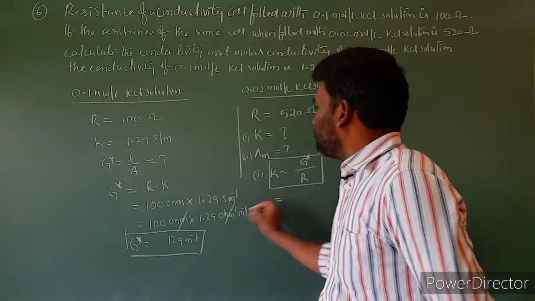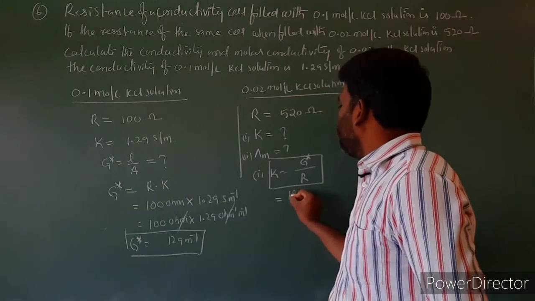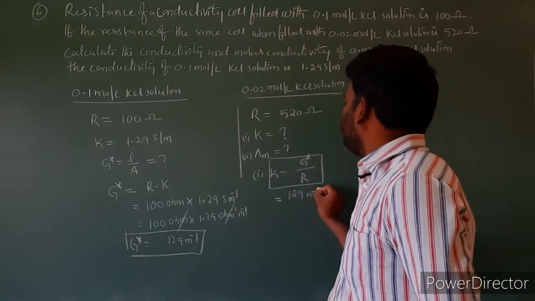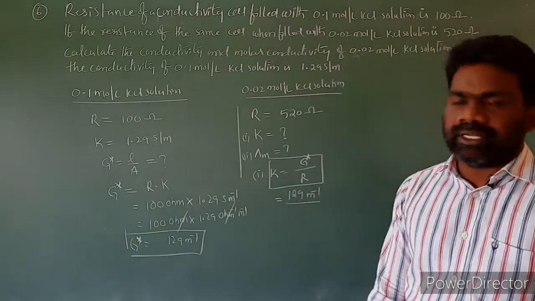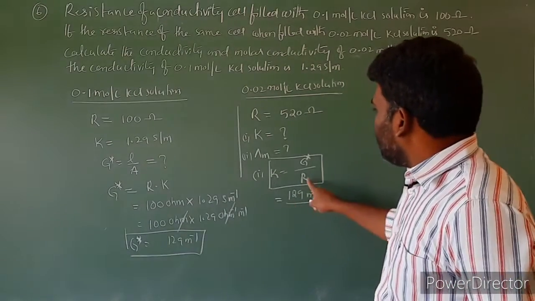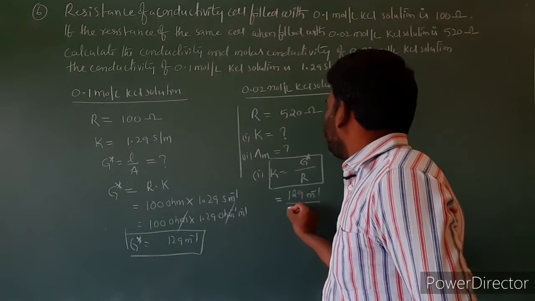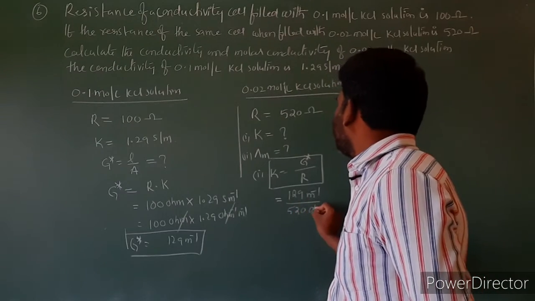G star we already solved, 129 meter inverse, and R is given as 520 ohms.